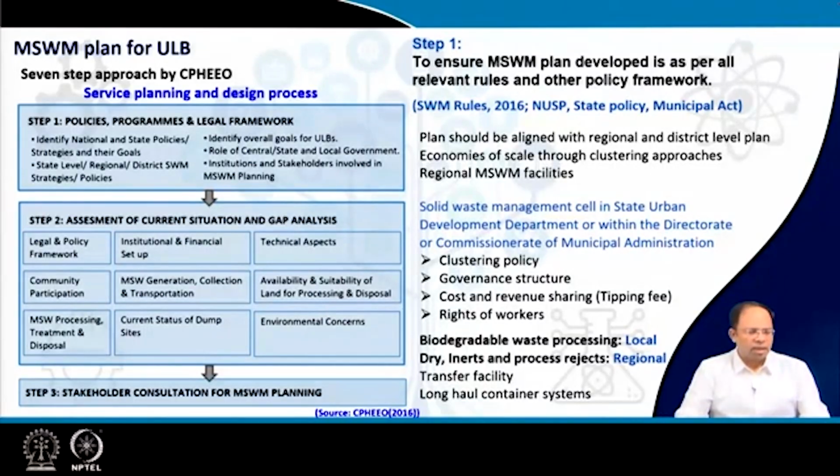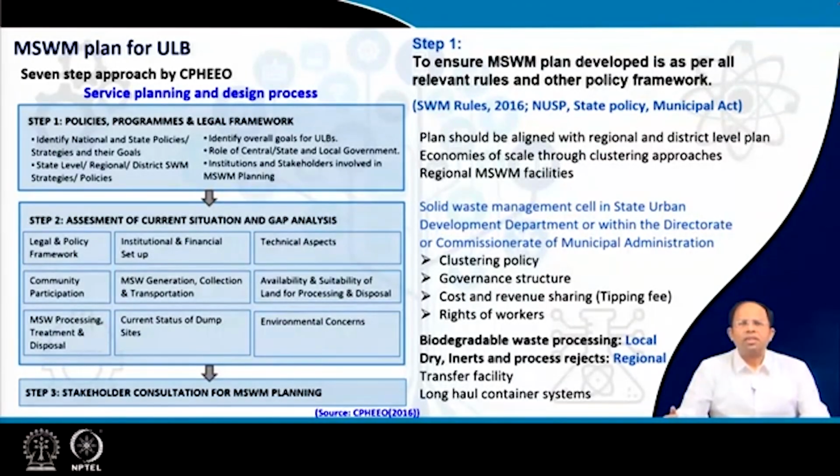So the 7-step approach provided by CPHEEO starts with step 1, which talks about policies, programs, and legal frameworks. Step 2 is assessment of the current situation and gap analysis, which is similar to what we have learned earlier. And step 3 is stakeholder consultation for municipal solid waste planning.